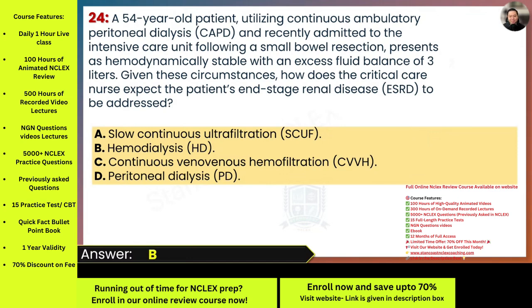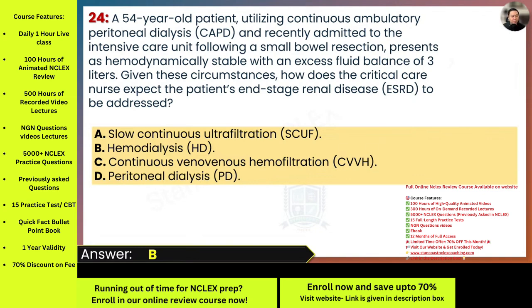Why is this correct? Well, for patients with end-stage renal disease, hemodialysis is the go-to treatment, especially for those with fluid overload and impaired kidney function. Take note about the case here. It says excess fluid balance of 3 liters, and the patient was admitted to the intensive care unit following a small bowel resection.